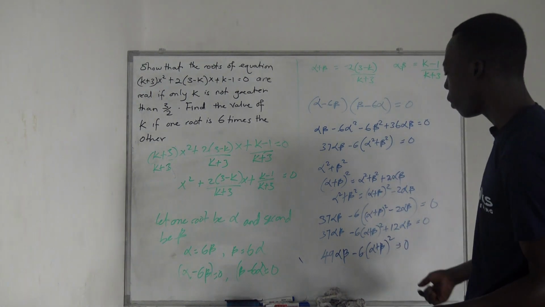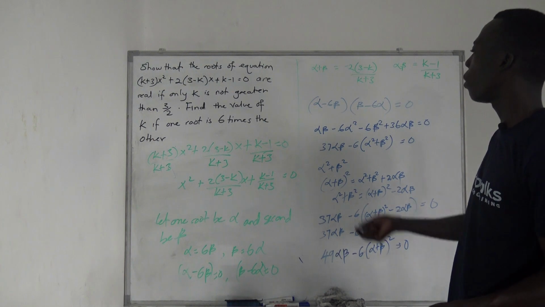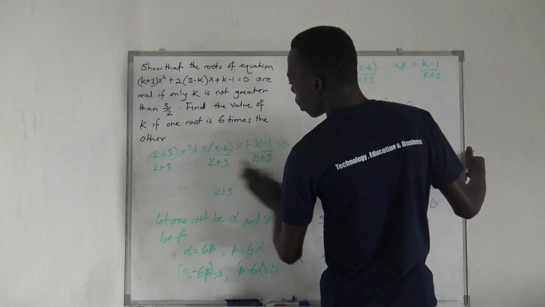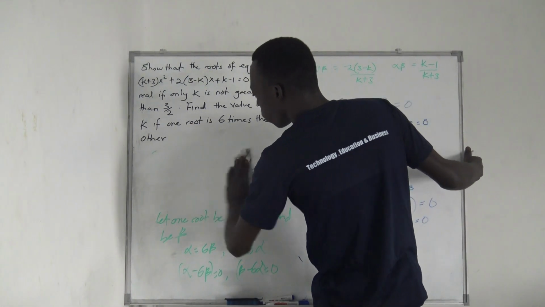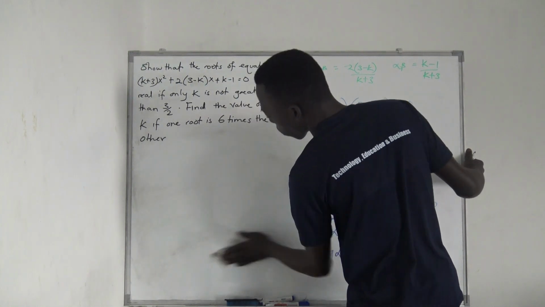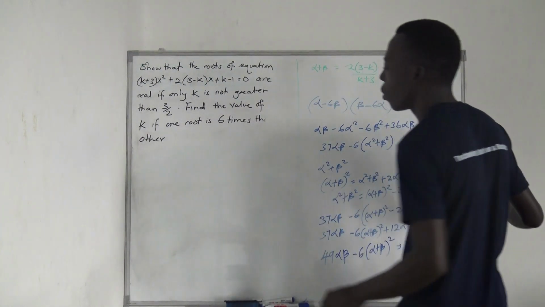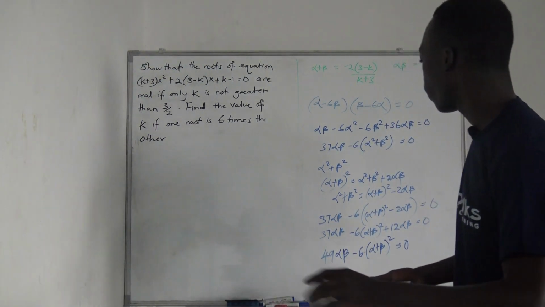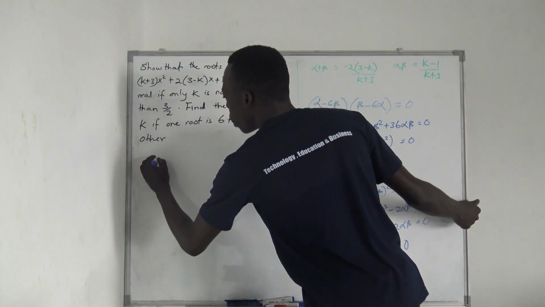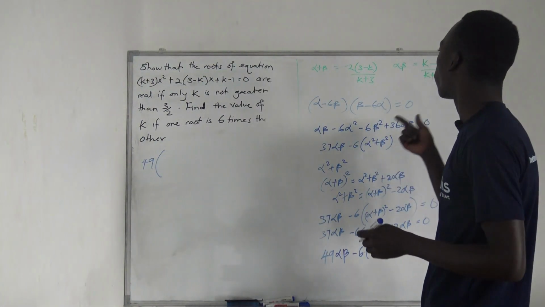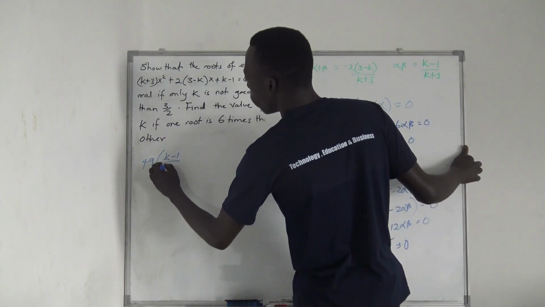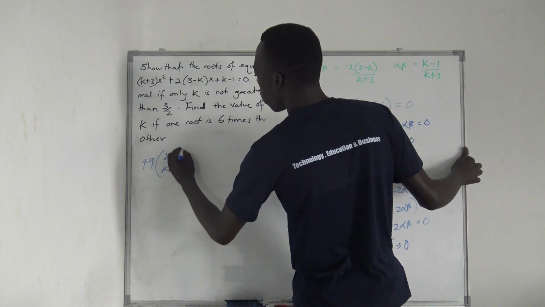So now when we reach this step, we substitute the values of alpha beta and alpha plus beta. That is now 49 into the value of alpha beta, which is k minus 1 out of k plus 3.